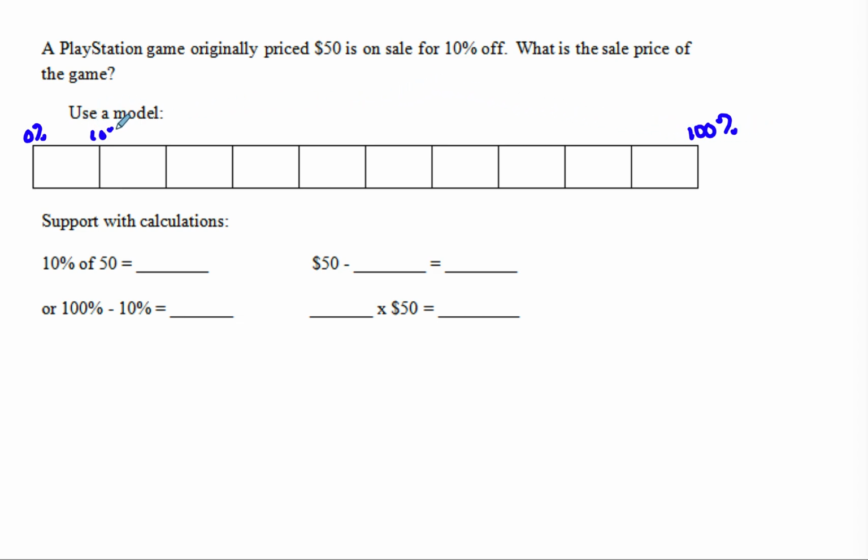This is 10, 20, 30, 40, 50, 60, 70, 80, 90. Okay, so each box is worth 10%. Okay, the game is originally $50, so $0 here. Total is $50.